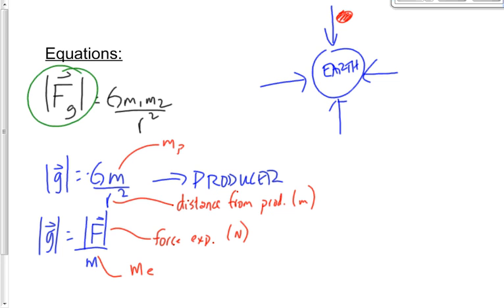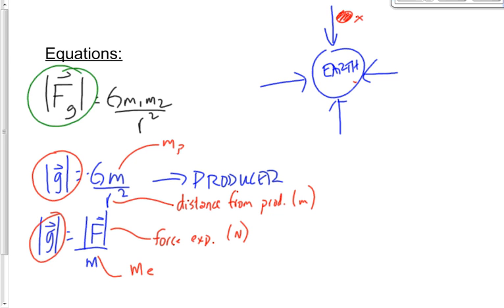The Earth produces a gravitational field, g, at that point. The rock, the meteor, the ball, the spaceship experiences a gravitational field, g, at that point. The field that's produced by the Earth is the same as the field that's experienced by the ball.